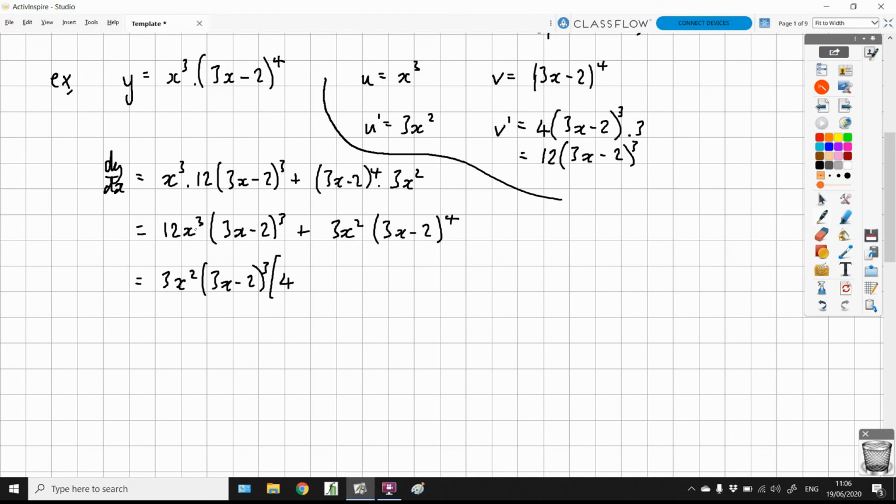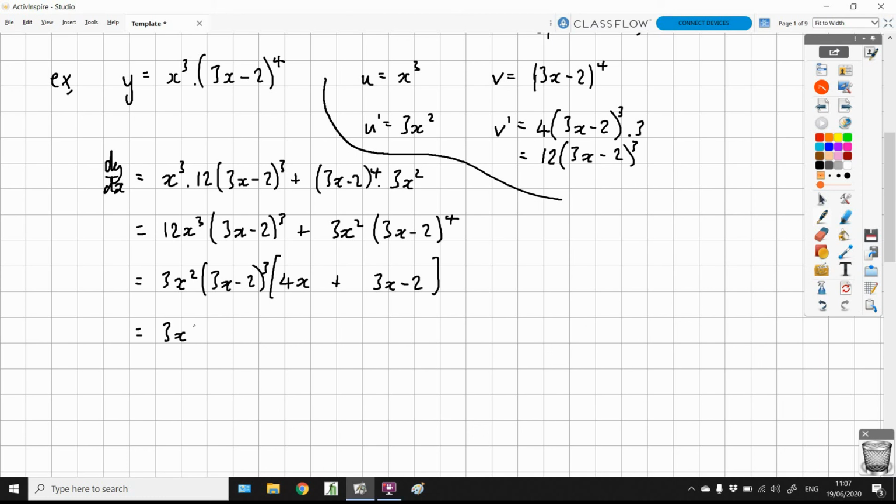X squared times something makes x cubed, that's x. 3x minus 2 all cubed, we've already got that, so we don't need to add anything in here. Plus, we've already removed that 3x squared, don't need to worry about that. But there is a 3x minus 2 in here, which isn't here. So 3x minus 2 all cubed plus one last 3x minus 2 gets us to there. Technically that's in brackets, but because of this particular question we don't need to write them. Just be aware that sometimes you might need to.